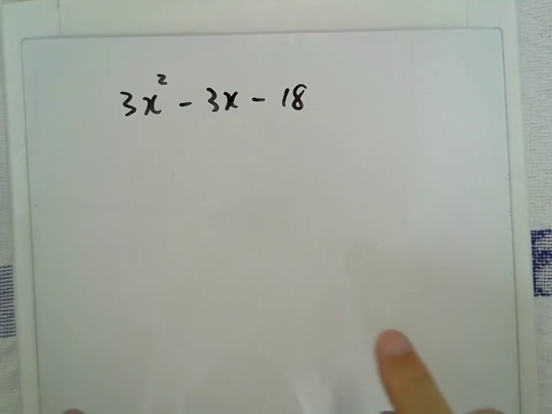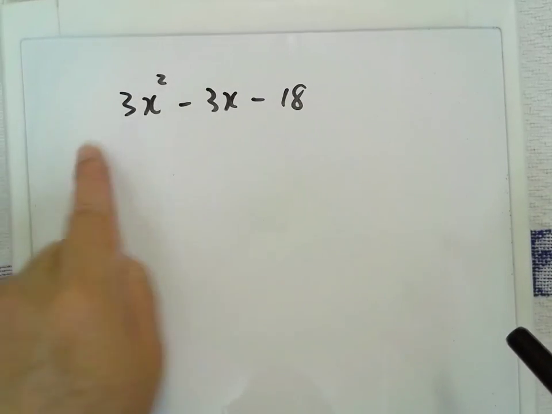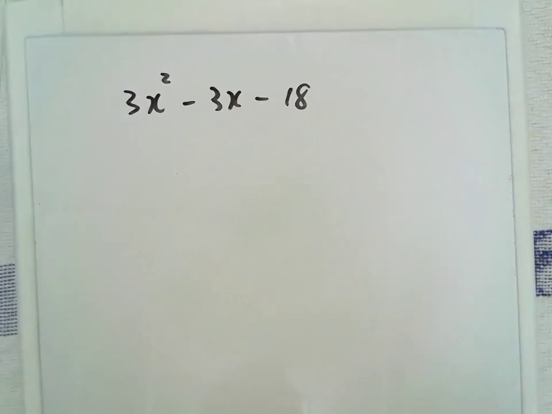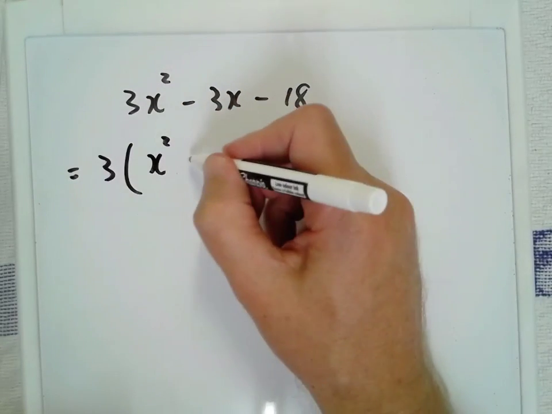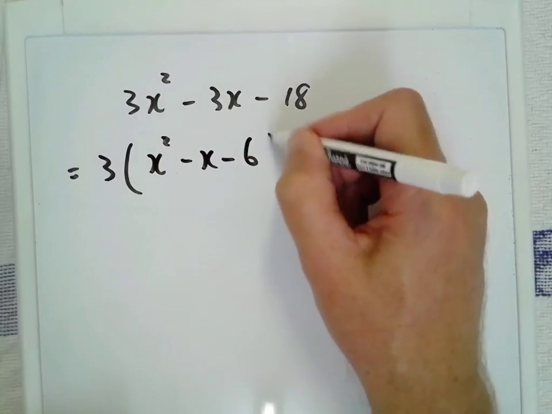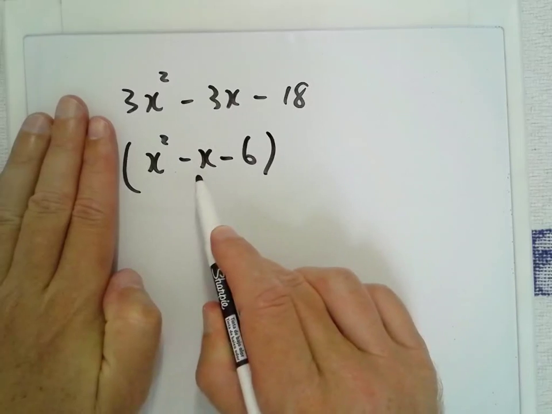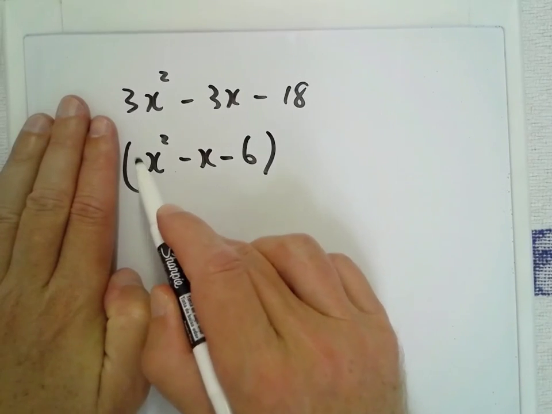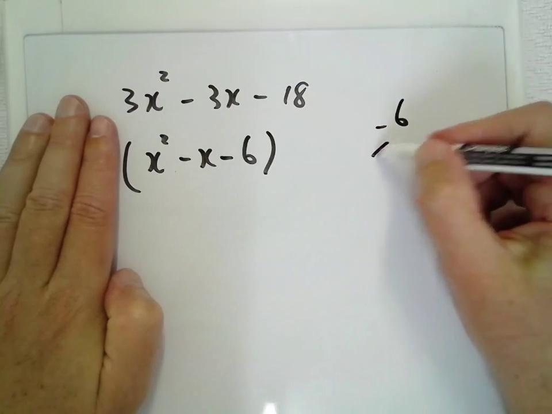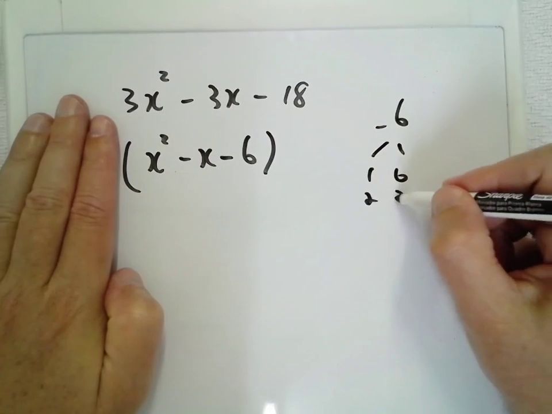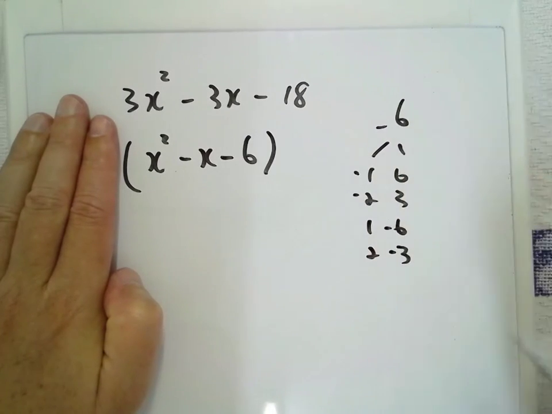Our first checking point here is to see if there's anything common between all of them. Can you see here that there's a 3 in all of them? So I can pull a 3 out straight away. X squared minus x minus 6. Then I'm factorising this in the brackets without the 3. Because my coefficient is a positive 1, I'm going to get my c, which is negative 6. This looks familiar, doesn't it? And either the first one's negative or the second one's negative.